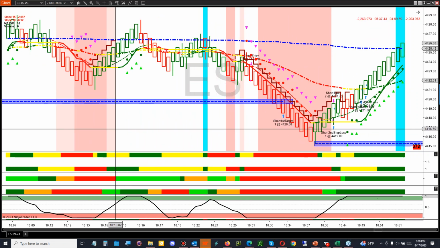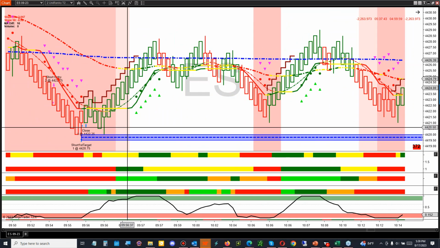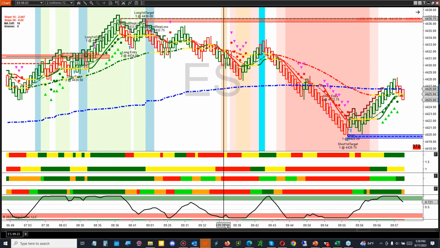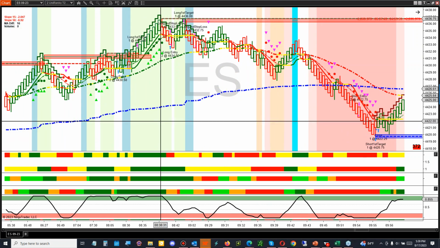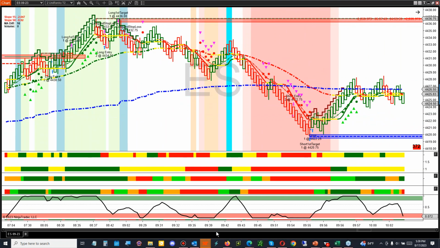Right? So this is 10 o'clock. You can see that it was choppy all morning. We didn't have a whole lot of setups. This was pre-market. So we didn't have a whole lot of setups on ES because it was choppy.